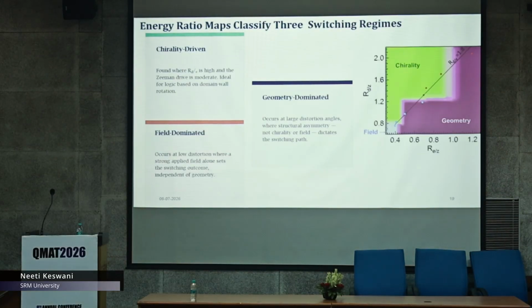So we made a very interesting phase diagram which shows that at lower field and lower distortion, it's basically field driven, and when we have a ratio greater than 1.8, it's going to be chirality driven switching. And finally, when you are moving to less than 1.8, it's going to be geometry driven switching.